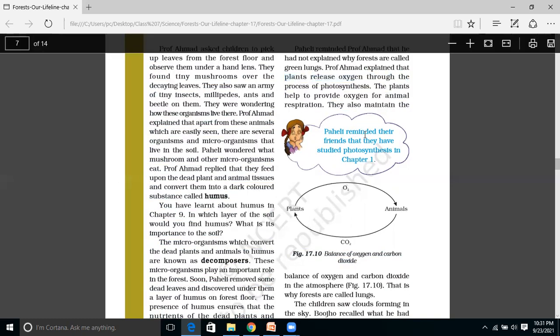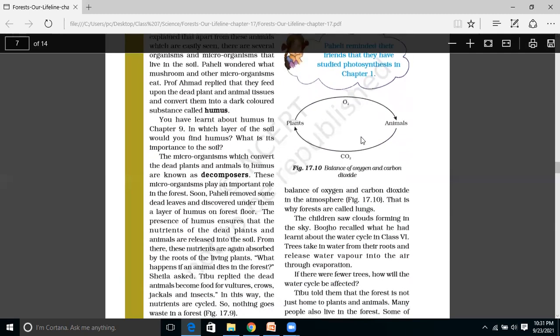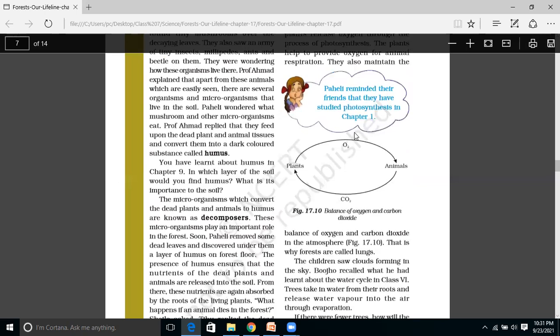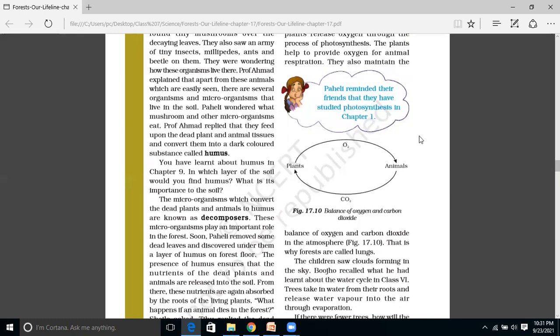So they also maintain the balance of oxygen and carbon dioxide in the atmosphere. In the atmosphere, we need to maintain the balance between them. It is because of the forest that we are able to do that. So that's why they are called lungs.